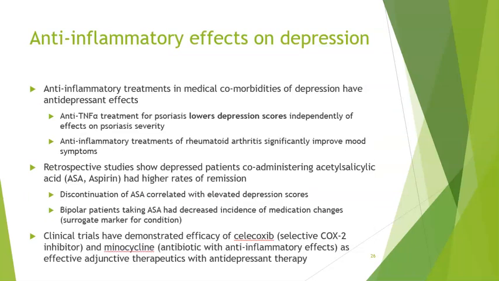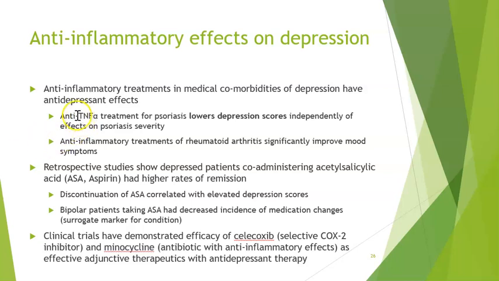Now, what if we can then do some sort of anti-inflammatory treatment? Will that help depression? Because it definitely looks like inflammation seems to play a role. So there have been multiple studies that look at this, and anti-inflammatory treatments in a medical comorbidity of depression have seen antidepressant effects.